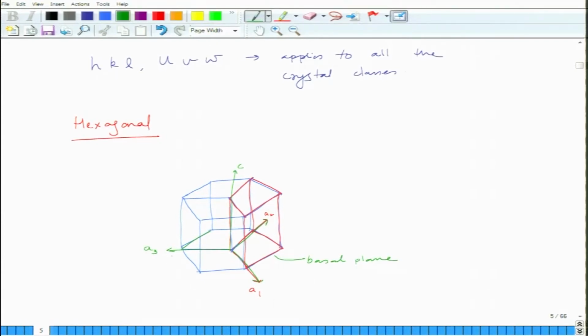You can see that by symmetry A1, A2, A3 are related to each other. A3 will be nothing but minus A1 minus A2, so A1 plus A2 plus A3 is equal to 0, because they close each other.